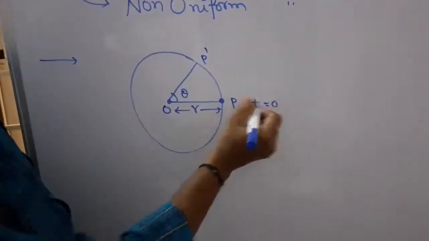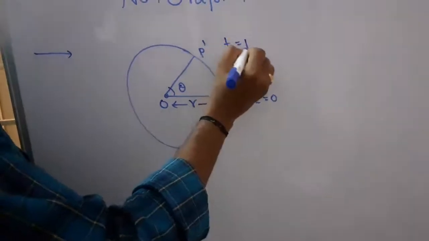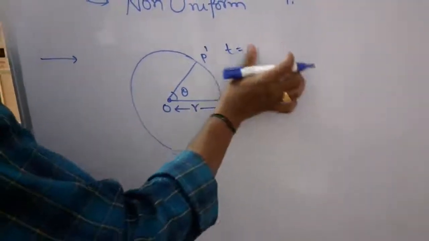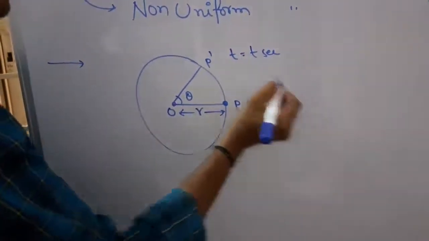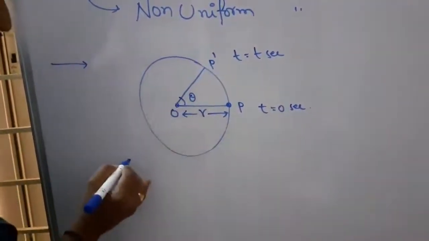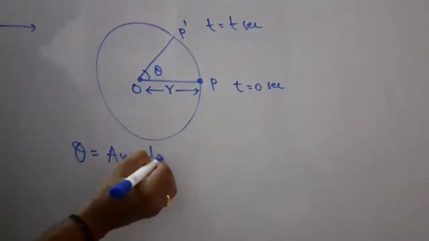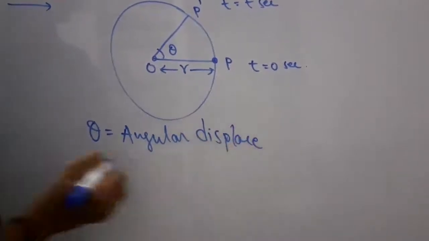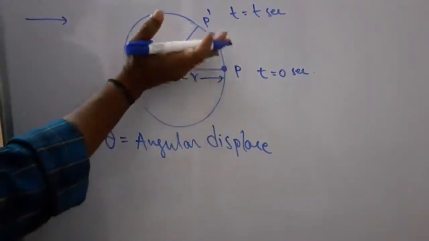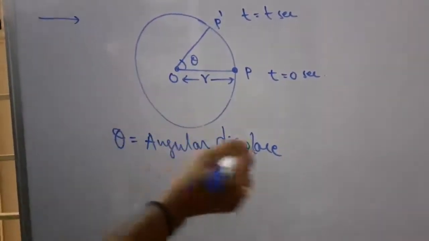At t equal to 0 seconds, the position of the particle is P. After t seconds, the position is P dash. Theta is the angular displacement.